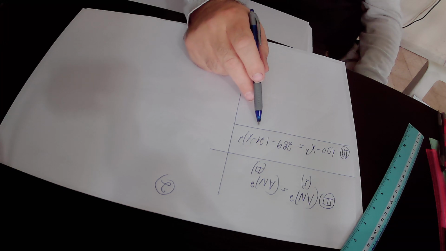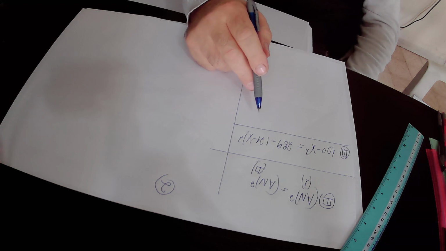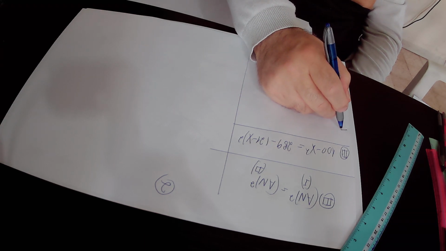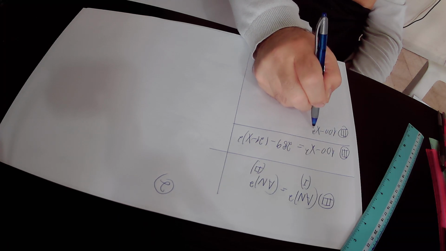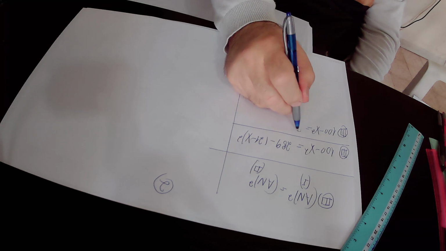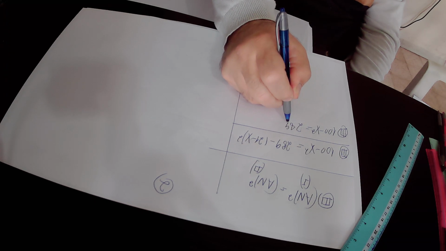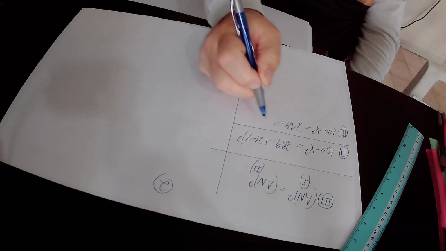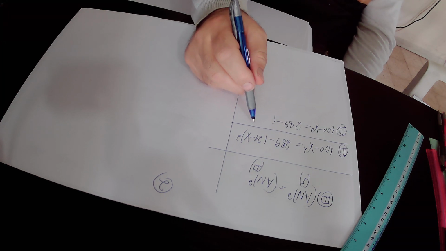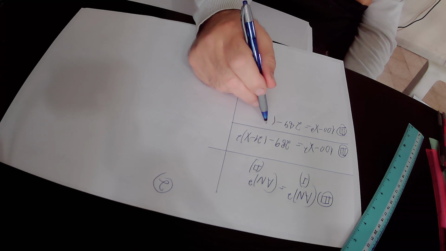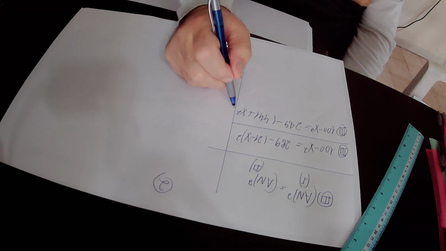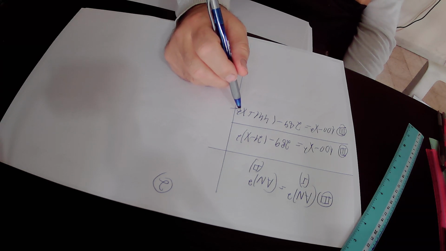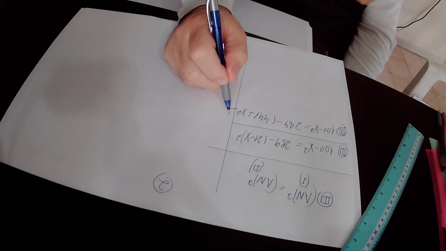In the next step, we will open the brackets of the expression (21 minus x) squared. 21 minus x squared equals 21 squared, that is 441, plus x squared, minus 2 times 21 times x, which is minus 42x.